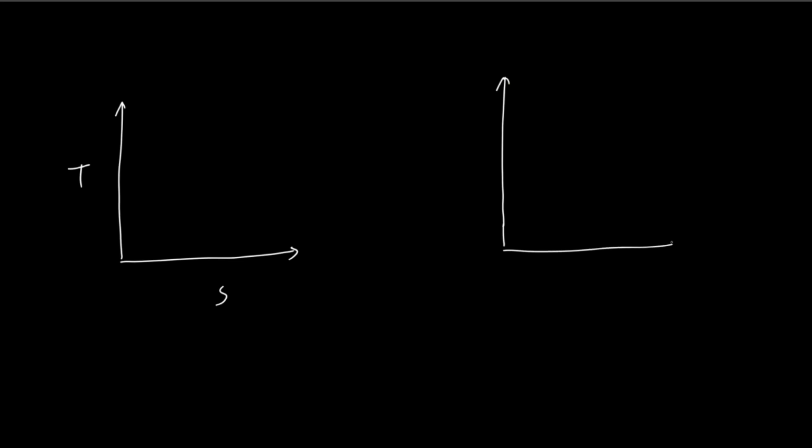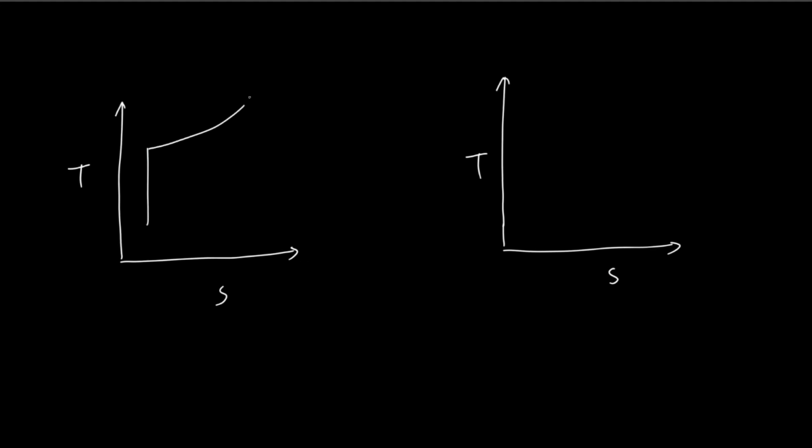I guess lastly, we can draw a simple TS diagram where everything is ideal, obviously. We're going to draw a TS diagram for the core and a TS diagram for the bypass. The left one is going to be for the core, the right one is going to be for the bypass.